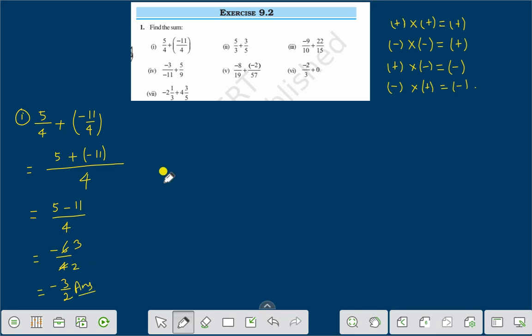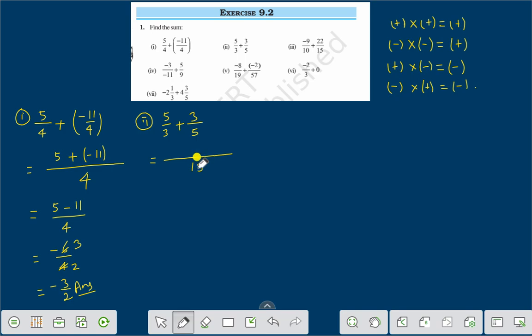Now question number 2 is 5 by 3 plus 3 by 5. First of all, find the LCM of 3 and 5, that is 15.